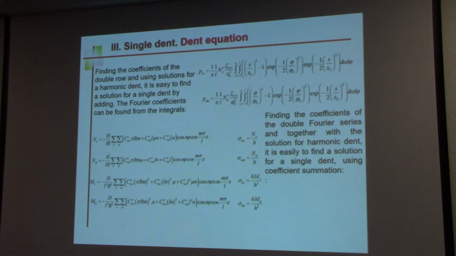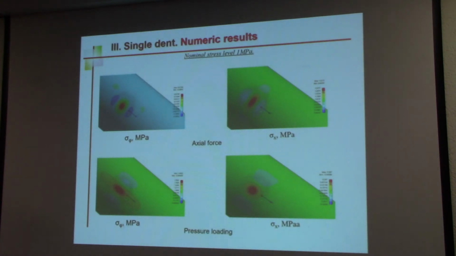We can extend our solution using Fourier series expansions to a single dent. We just have to expand our forces, and thus we will obtain our stress resultants and, as usual, our stresses, membrane and bending stresses. We have compared our solution with numerical results made in shell elements in ANSYS.